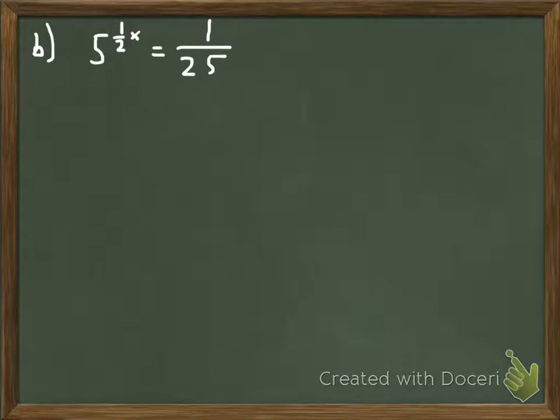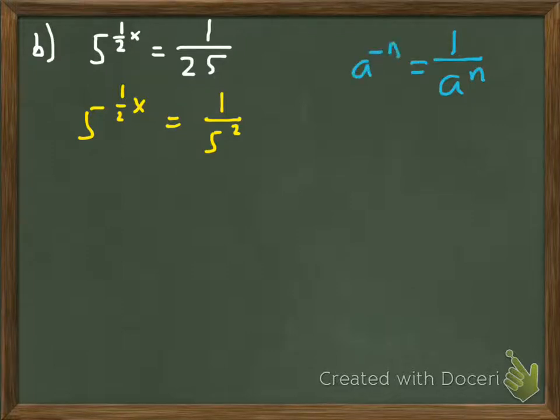So let's write this as 5 to the 1/2 x power still on the left side of the equation equals 1 over 5 squared. And if you know your laws of exponents that you started in section 4.1 that you learned last year in Algebra 2, you know that anything in the form 1 over a to the nth power is equivalent to a being raised to the negative nth power.